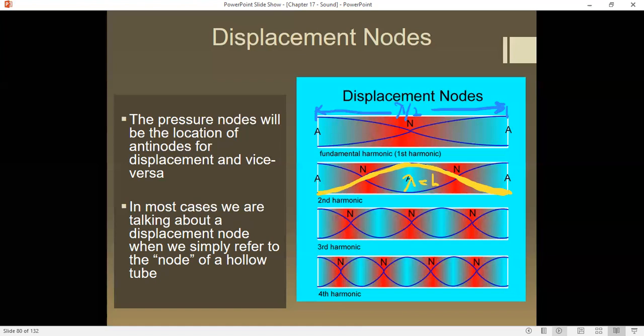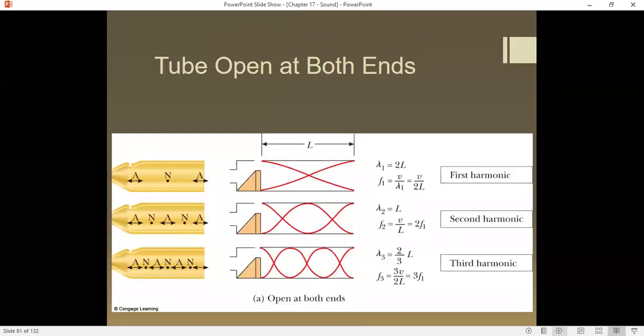But really, it's the pressure which is acting like the motion of the string. In any case, when both ends are open, our first harmonic has a wavelength twice the length of the tube. Second harmonic, the length of the tube. Our third harmonic, 2/3 the length of the tube.